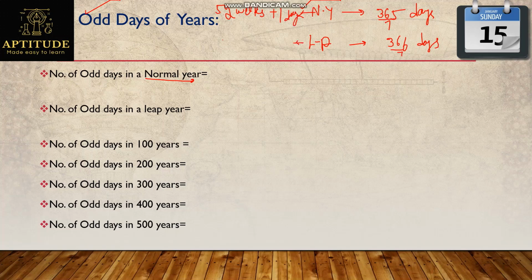A leap year means the same 52 weeks you can form, but 2 days will be left over. So how many odd days are there for a normal year and a leap year? These are nothing but odd days, right? The days left over extra in a normal year are the odd days for a normal year, and similarly for a leap year we have 2 days. So the number of odd days for a normal year is 1 odd day. The number of odd days in a leap year is 2 days.